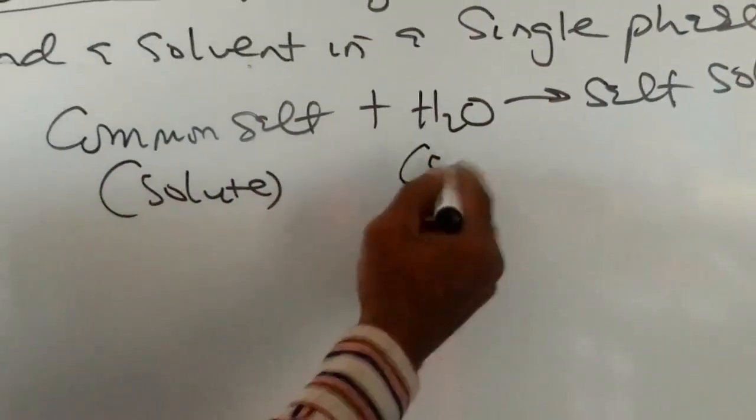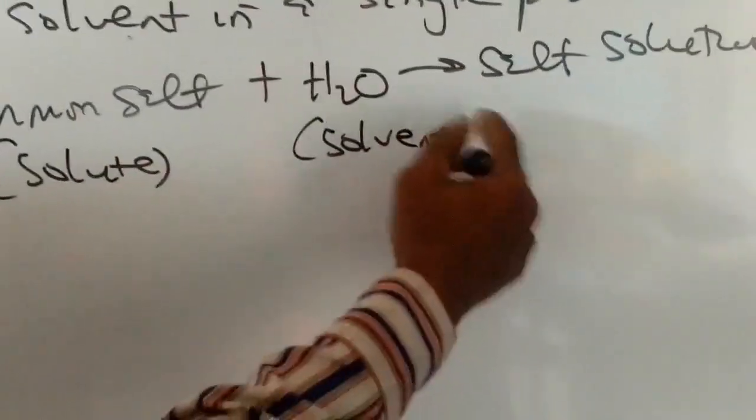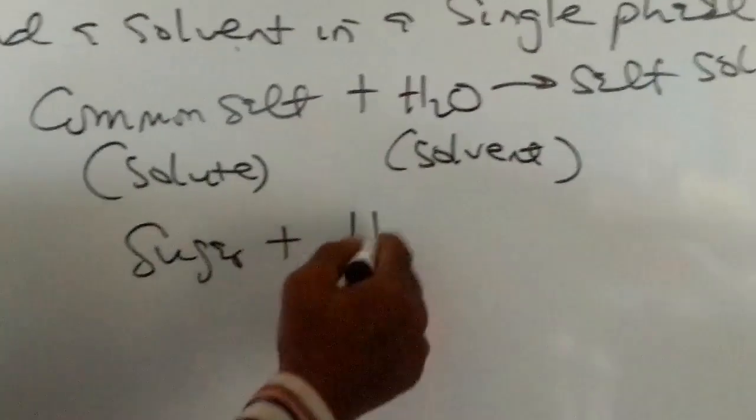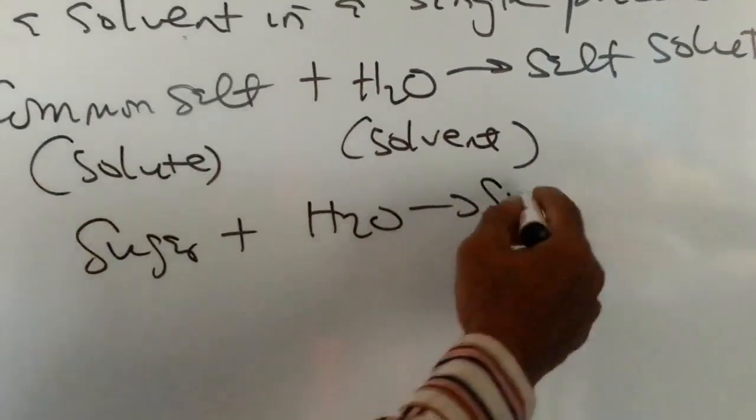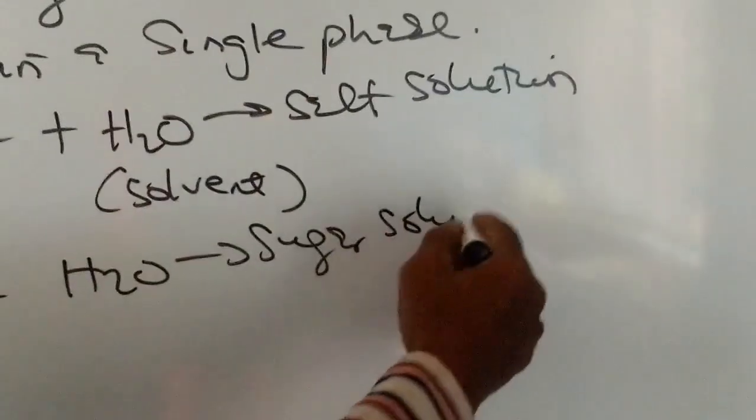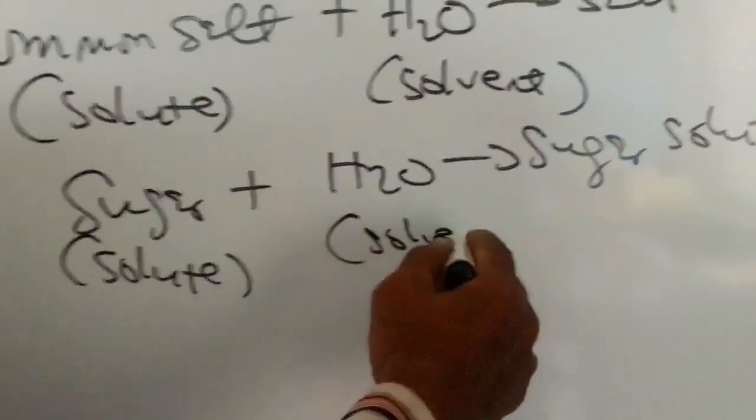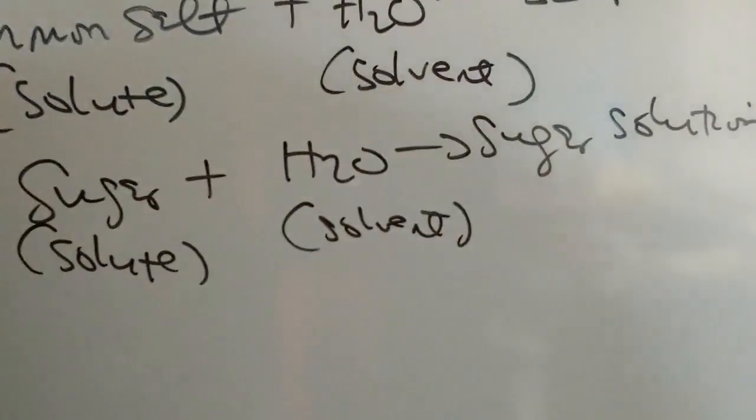The solid is the solute, while the liquid in which the solid dissolves is called a solvent. So solute plus solvent gives us solution. Or I can have sugar and water, giving us sugar solution. So sugar is the solute, while water is the solvent, giving us a homogeneous mixture.